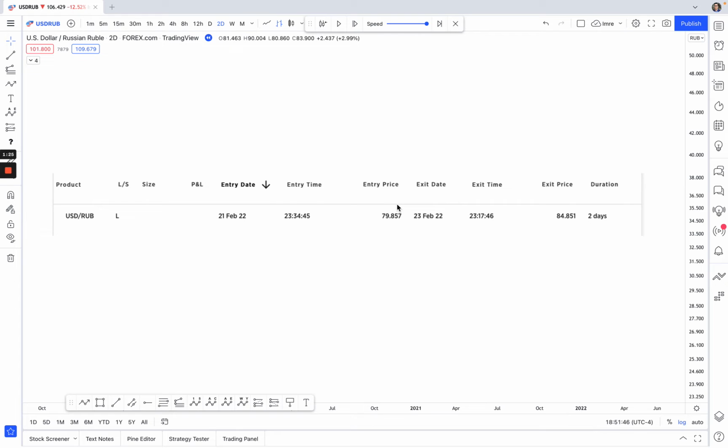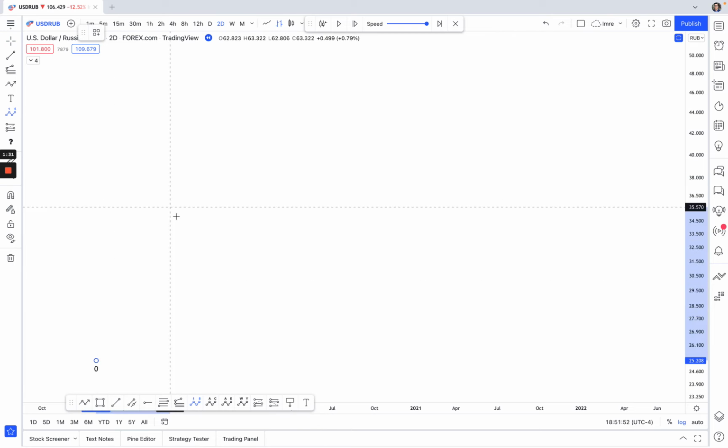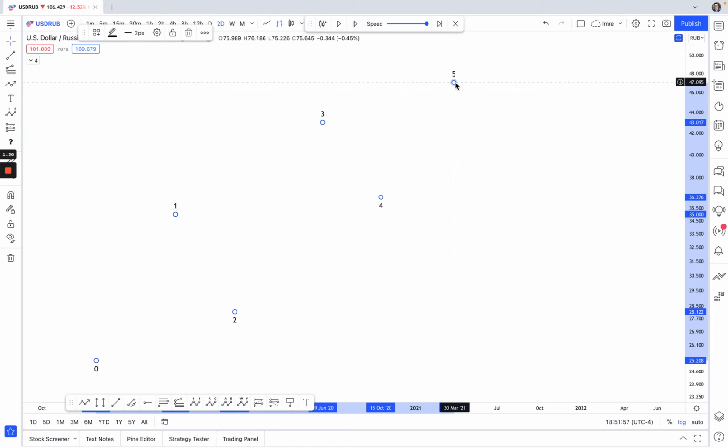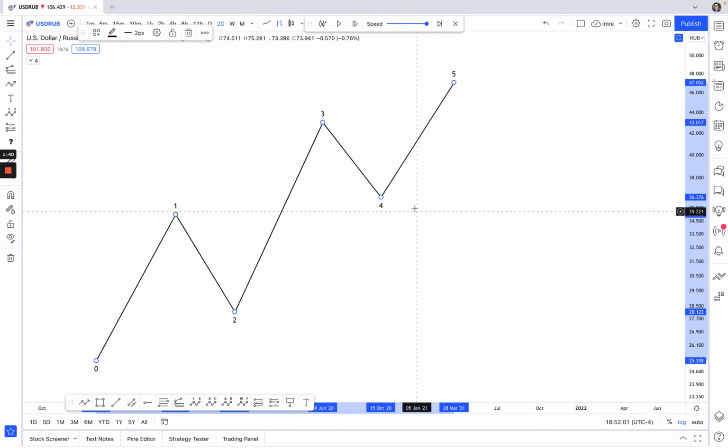Now, the key thing with the triangle is that it's important to understand where triangles can take shape. In a typical five-wave Elliott wave cycle, there is only one place in this impulsive cycle where a triangle can take shape, and it's not in wave 2, it's not in wave 1, it's not in wave 3, and it's not in wave 5.